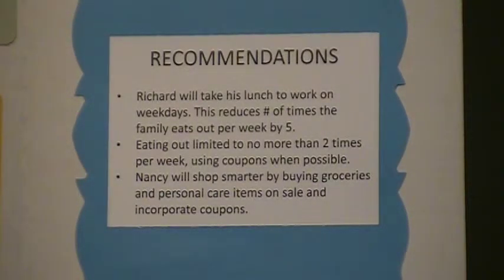And as a family, it's recommended that we eat out no more than 2 times per week. And if possible, to use a coupon when you do. That's not always possible if you're craving something and you don't happen to have a coupon for that item. And that I will shop smarter by buying groceries and personal care items on sale and incorporate coupons, which is a process that we are doing right now.